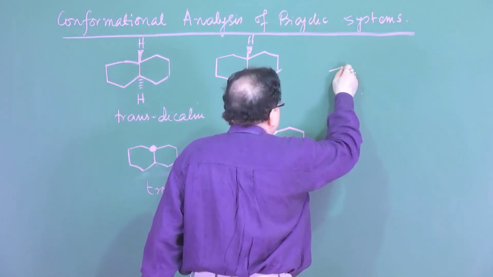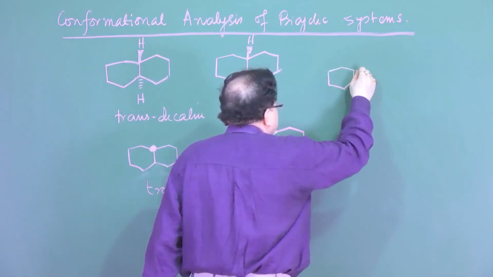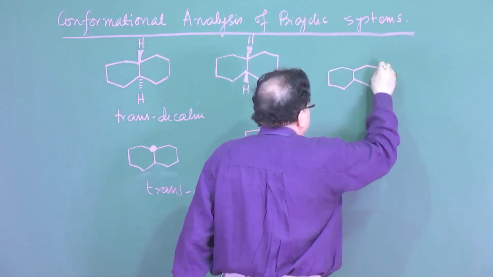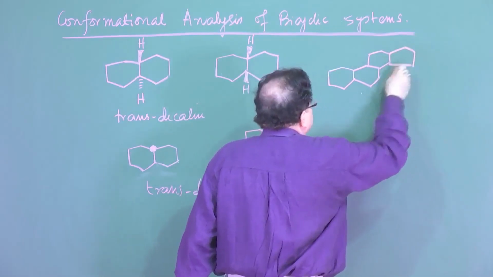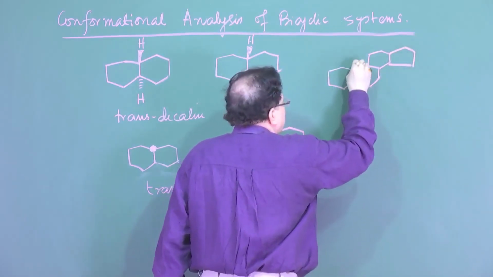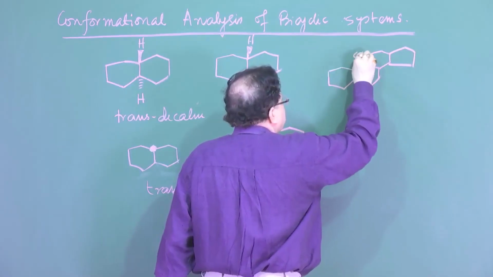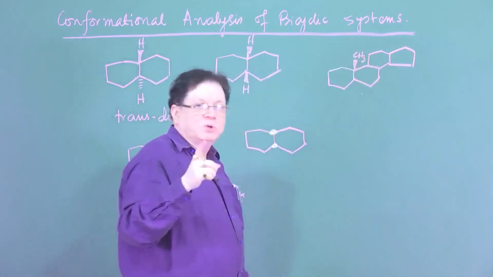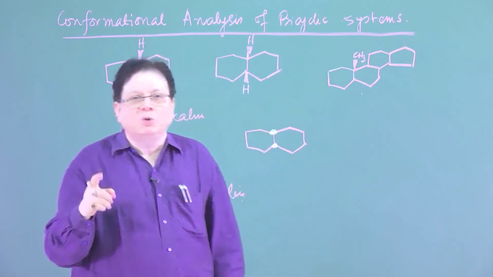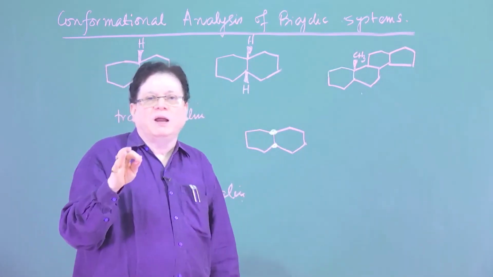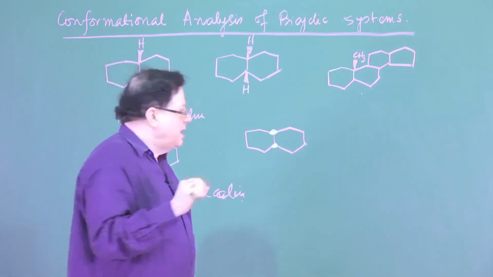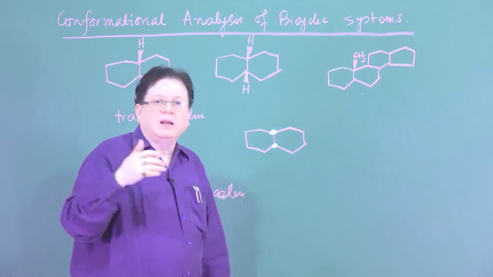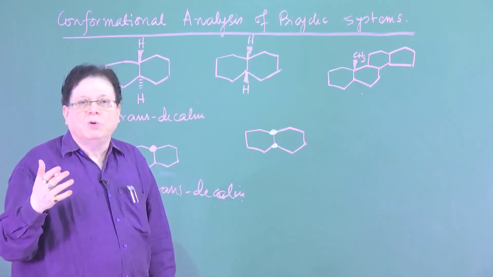Like this, if you have more rings and I write a molecule in this fashion, remember all other substituents you have to show. It is only hydrogen which you need not show; only the stereochemistry has to be shown, provided it is in a beta orientation.